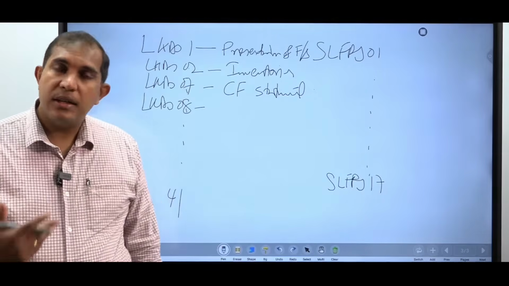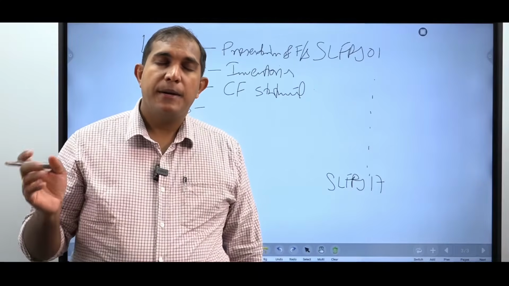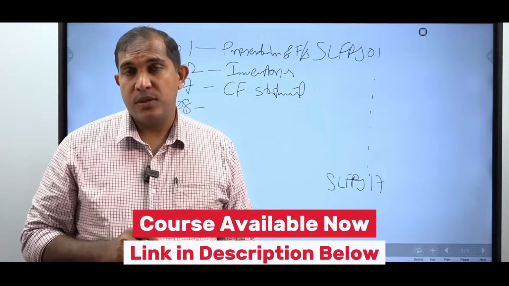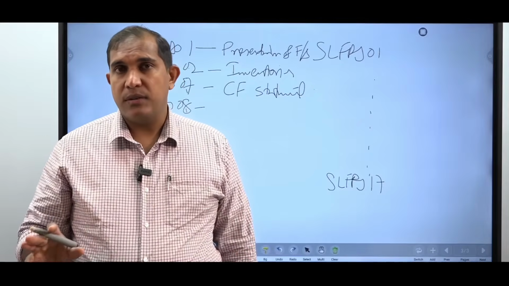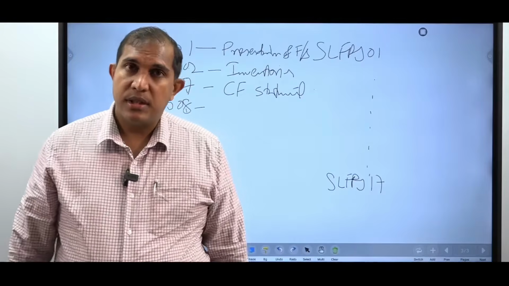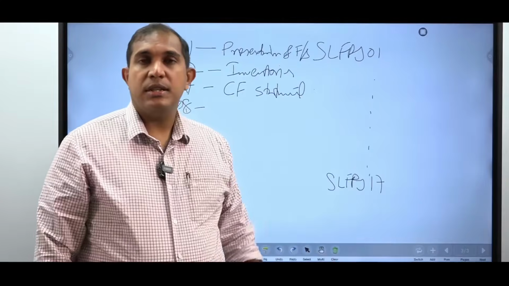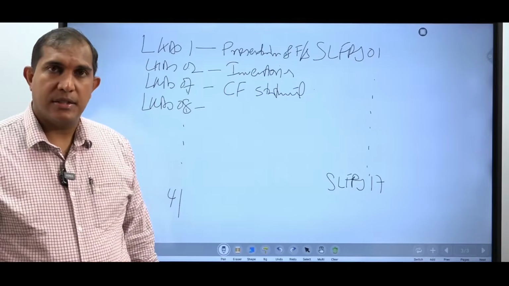LKAS 33, earnings per share. LKAS 34, interim financial statements. LKAS 35, not in the list. LKAS 36, impairment. LKAS 37, provisions, contingent liabilities and contingent assets.